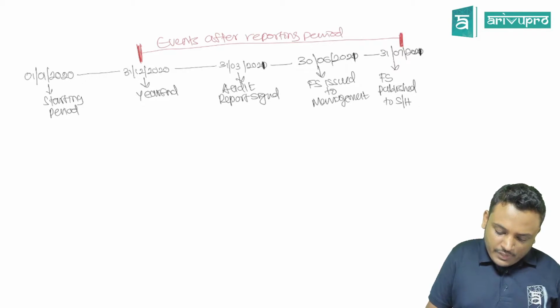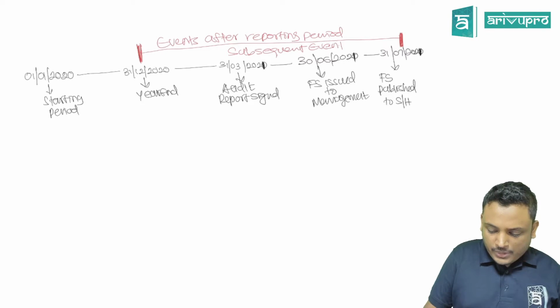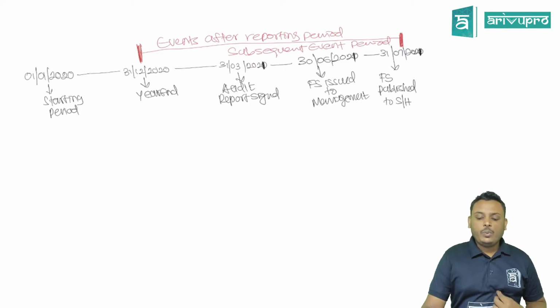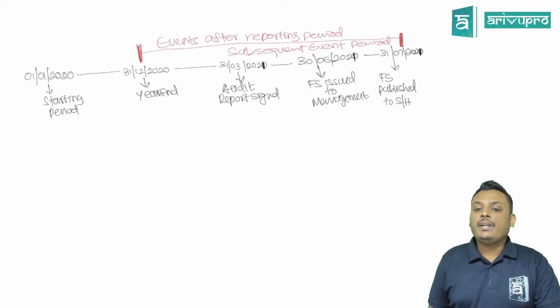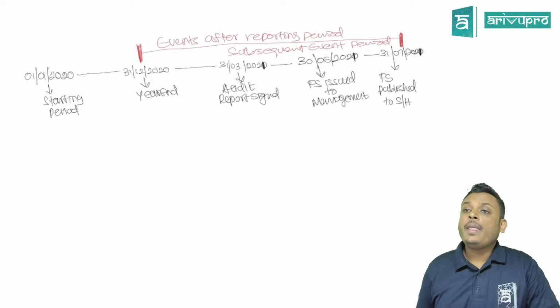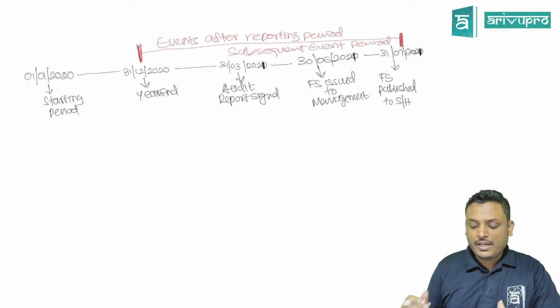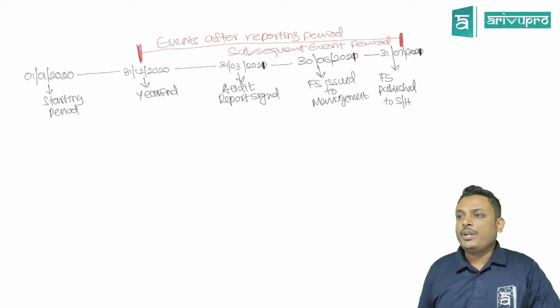And this period we call subsequent period. Subsequent event. Understood? So the period between year end and financial statement published to shareholders is known as events after reporting period.